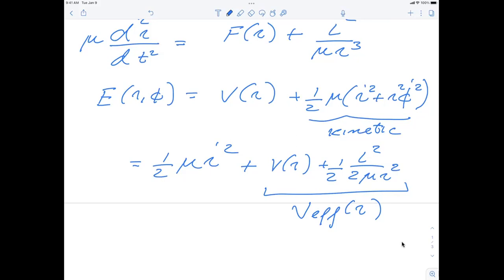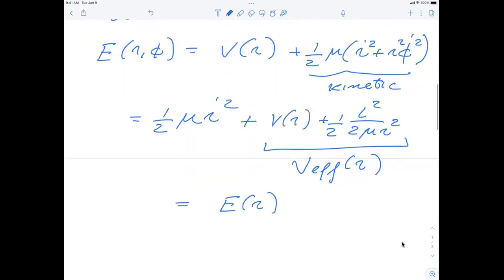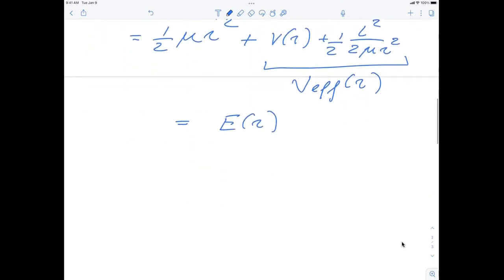If you also look at this equation here, you see that the energy is a function of the radius only, the absolute value of the radius. So the equation here depends only on r. So it means that what we have is simply an energy, and we are going to need this equation a little bit later when we're going to interpret the orbits.